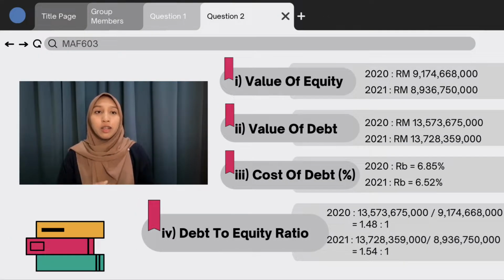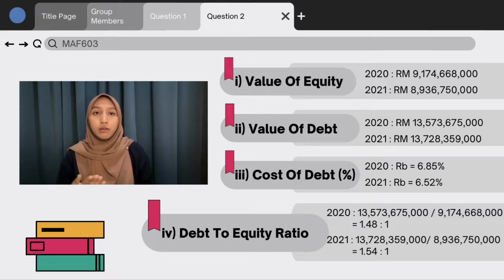Next, for question 2. First Roman, value of equity. For 2020, we will get 9,174,668,000 ringgit Malaysia. For 2021, we will get 8,936,750,000 ringgit Malaysia. Second Roman, value of debt.